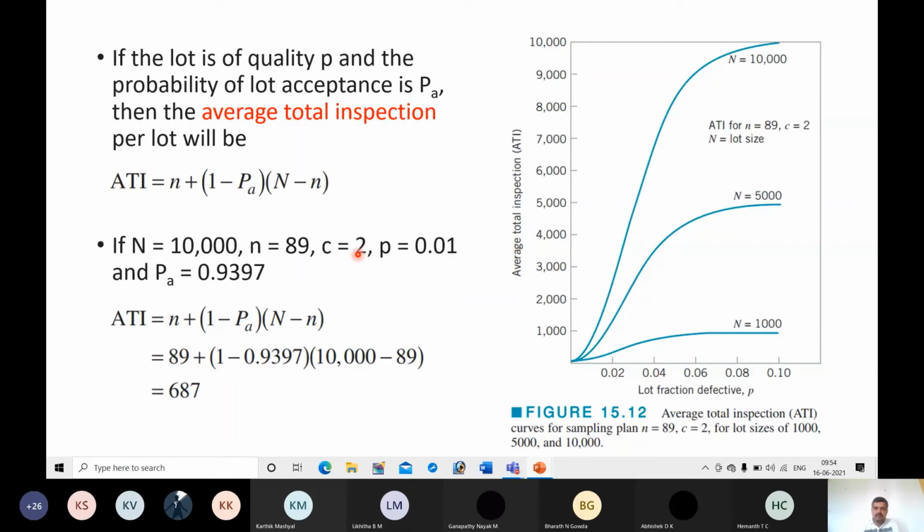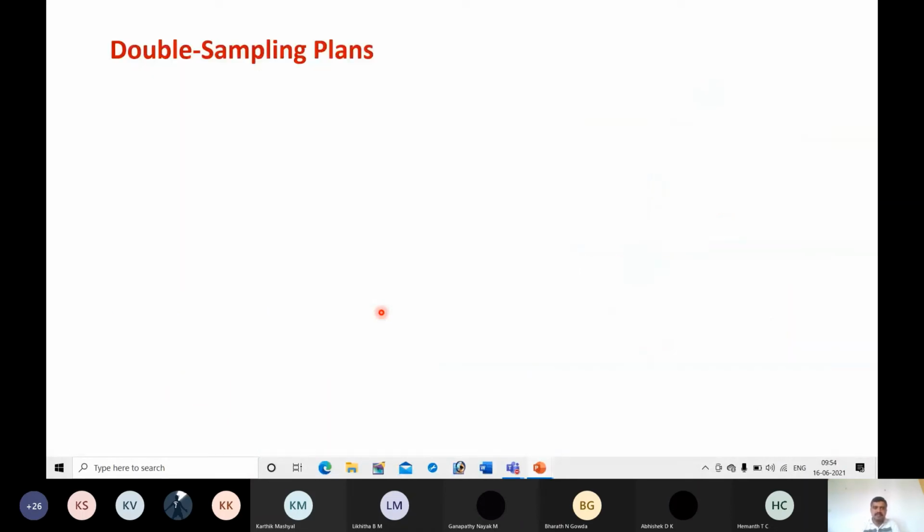If the number of defectives is more than 2, you will reject. If it is less than 2, you will accept. This is a single sampling plan. Samples are taken only once, and decisions are made based on the number of defectives in these samples. Next, in case of double sampling plans, we are not going to do that.